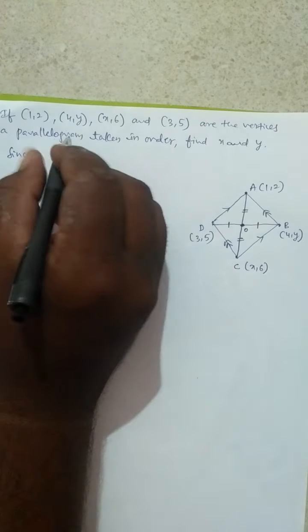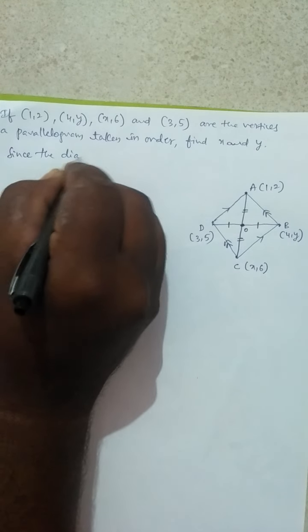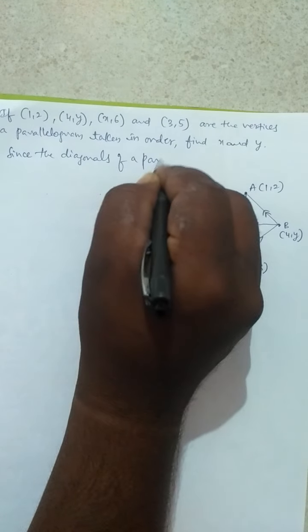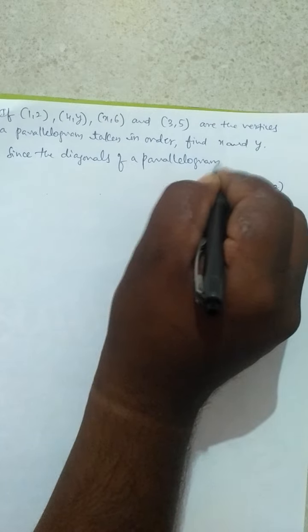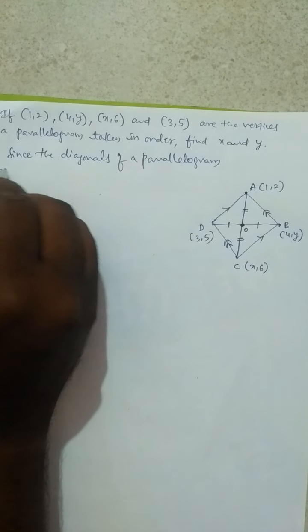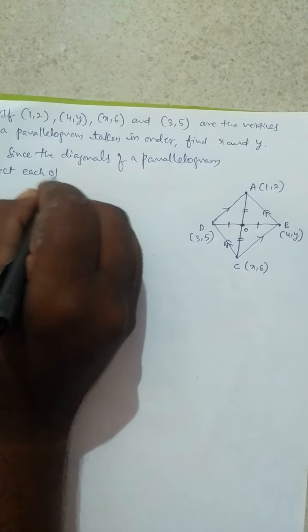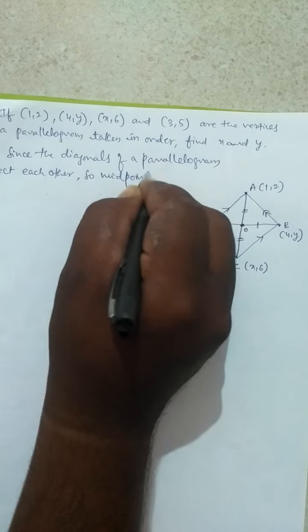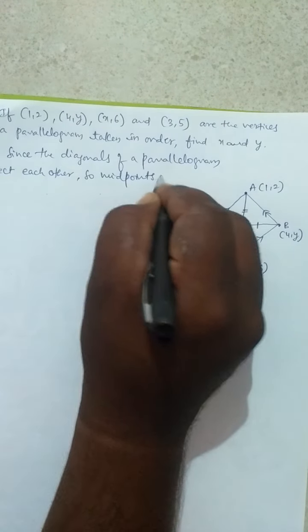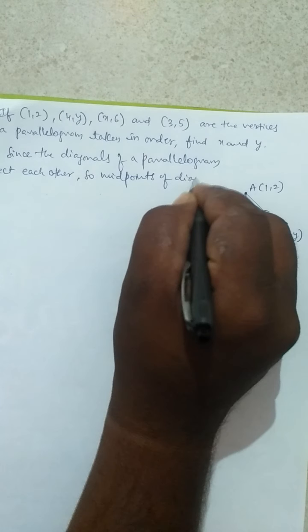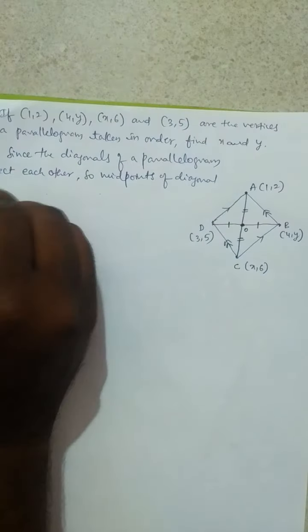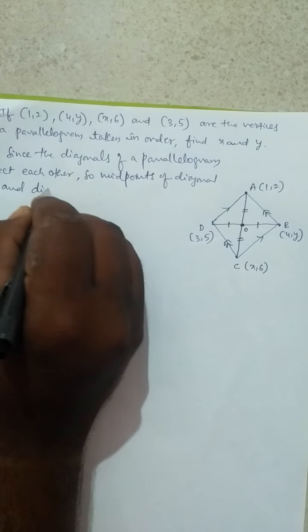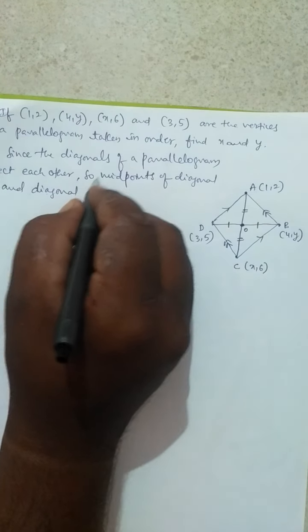Since the diagonals of a parallelogram bisect each other, so midpoints of diagonal AC and diagonal BD will be the same.